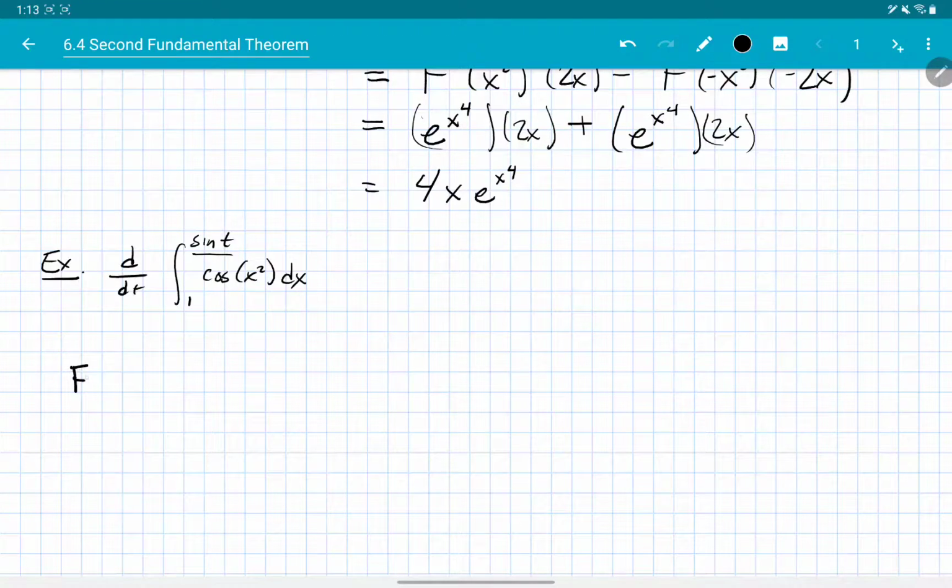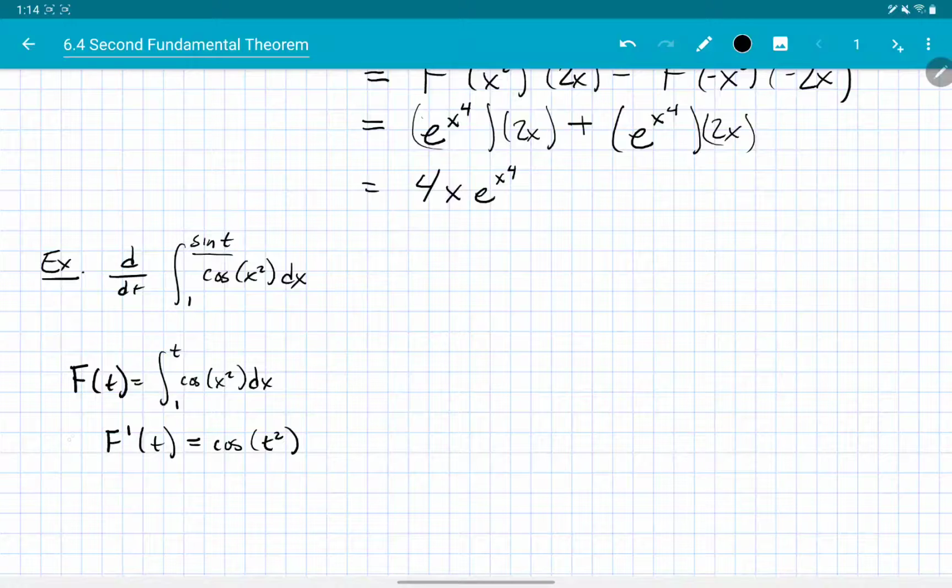Let's define capital F of t to be the integral from 1 to t of cosine of x squared dx. Why do we do that? Because the second fundamental theorem now says capital F prime is cosine of t squared. This statement I just wrote down is exactly what the second fundamental theorem says.